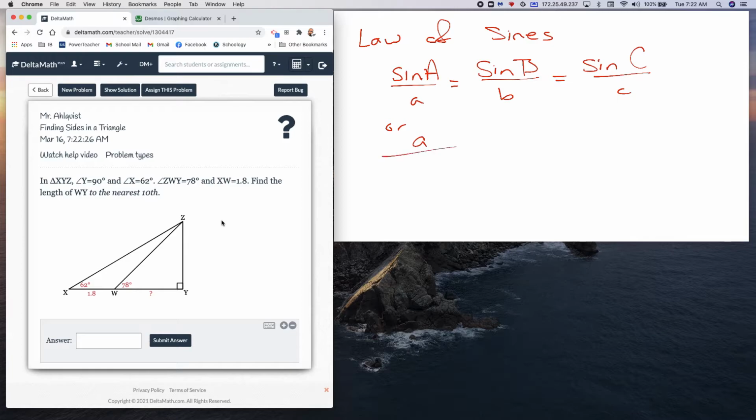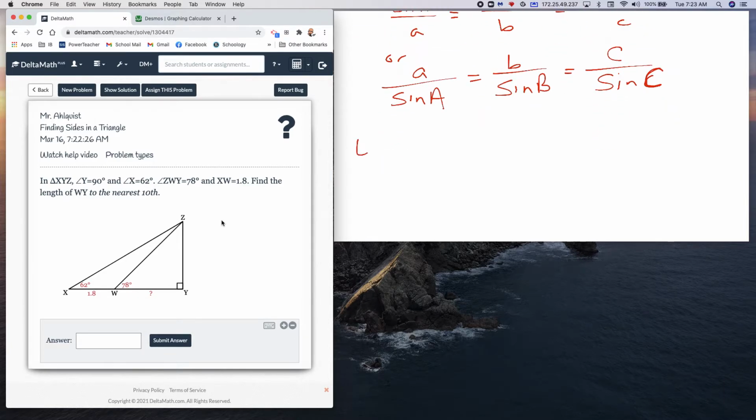Or A divided by the sine of A is equal to B divided by the sine of B is equal to C divided by the sine of C.